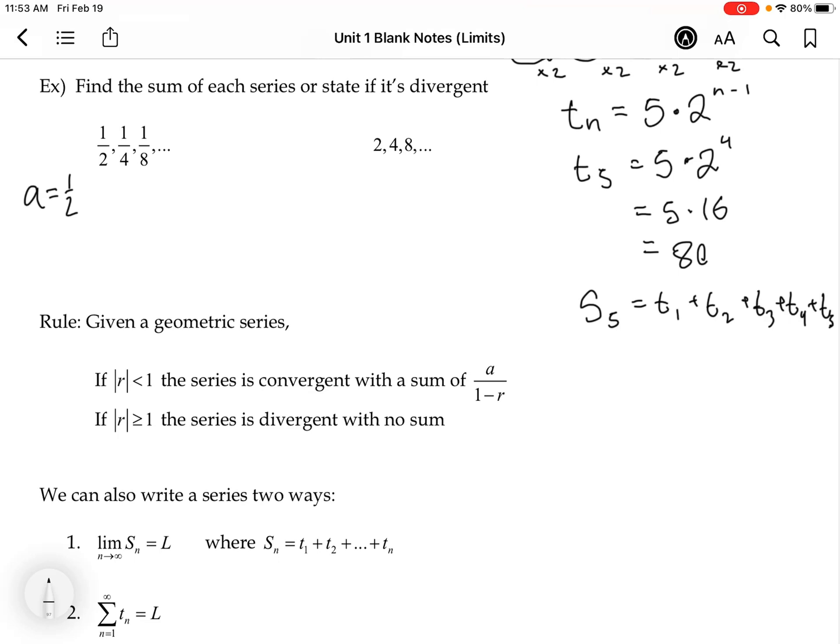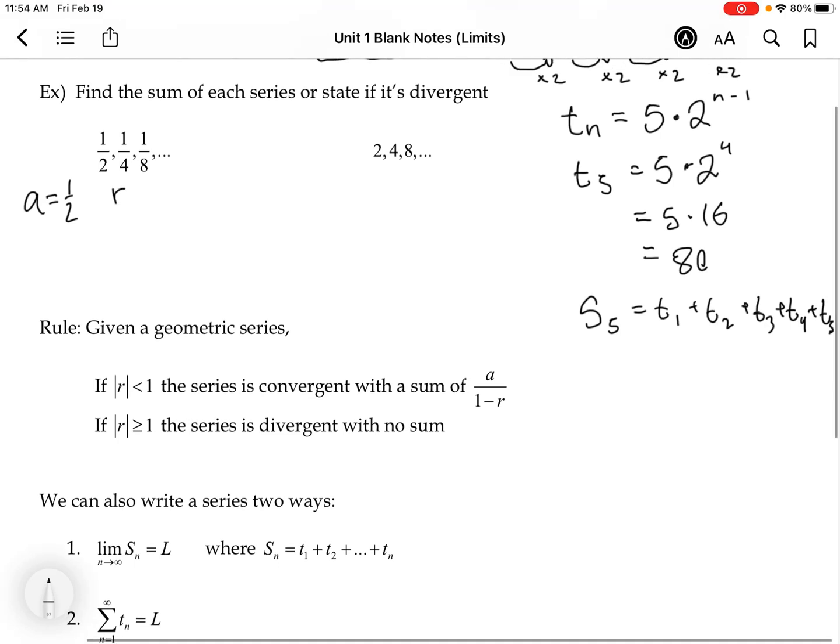And then if I look at what I'm multiplying each term by, R is also a half. I'm multiplying by a half each time. Because this common ratio is less than 1, this is going to converge, and I'm going to have a specific sum of the entire series.